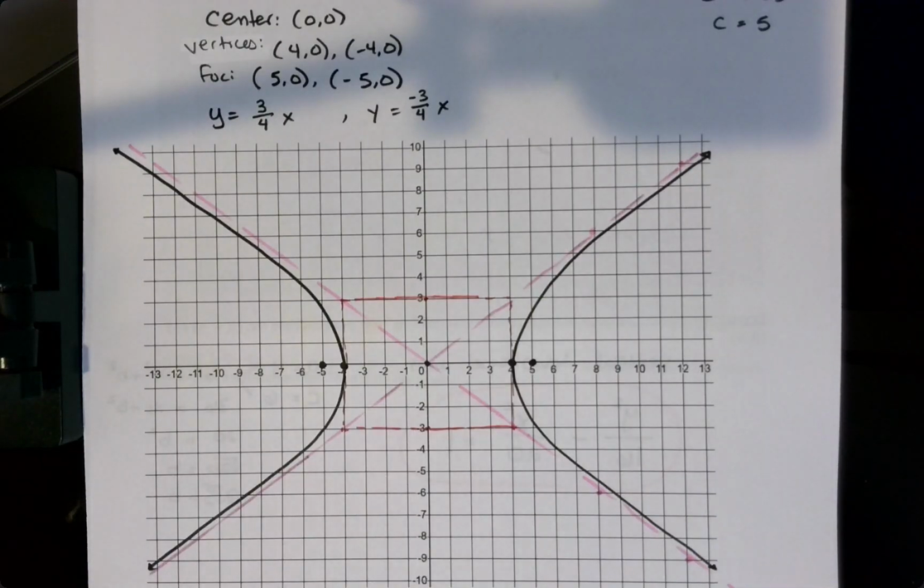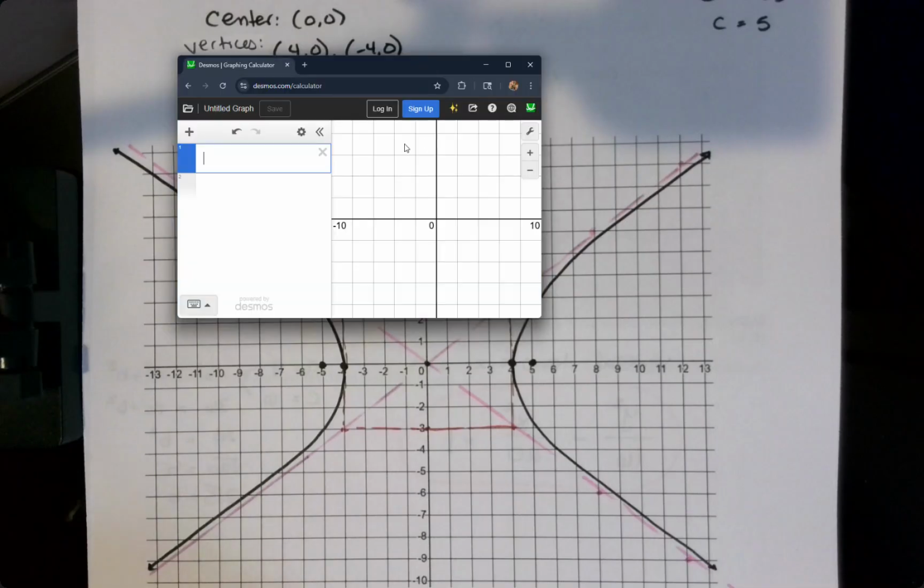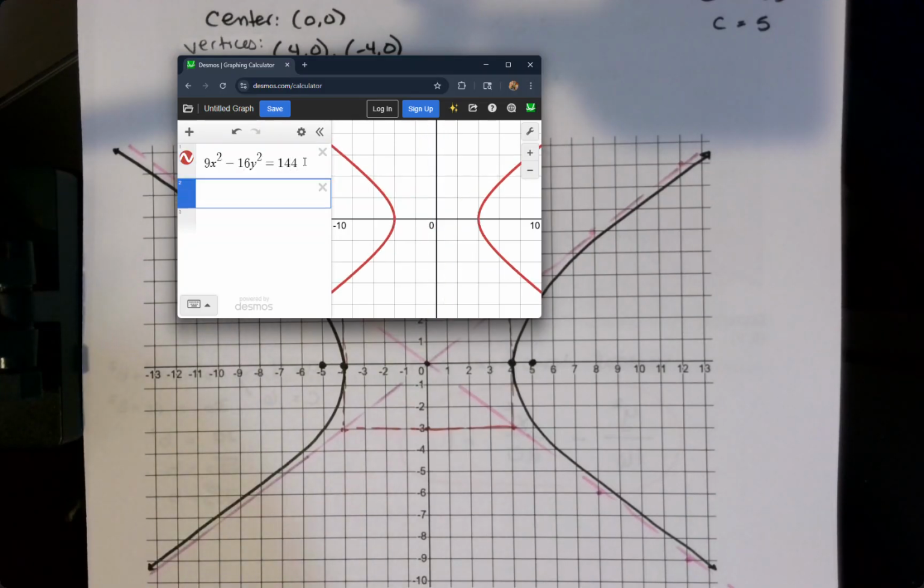I'm going to check this one, take a look at the graph on Desmos, make sure it matches up with what we did. The original equation here was 9x squared minus 16y squared equals 144. I'm going to label a few features on here. 0, 0, that was our center.